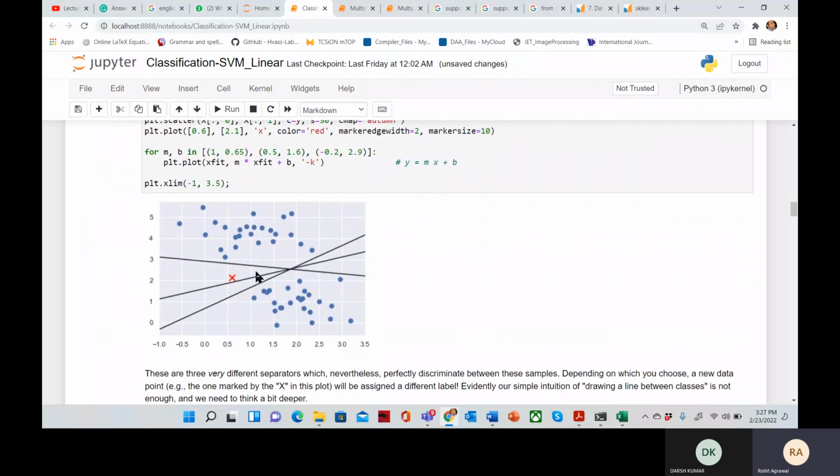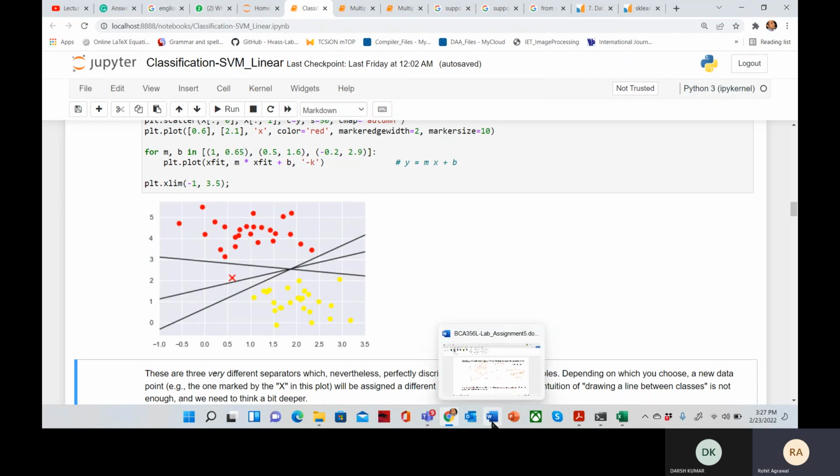So you can see above this line the data fall in one category, below this line the data fall in another category, yes or no? Yes, sir.